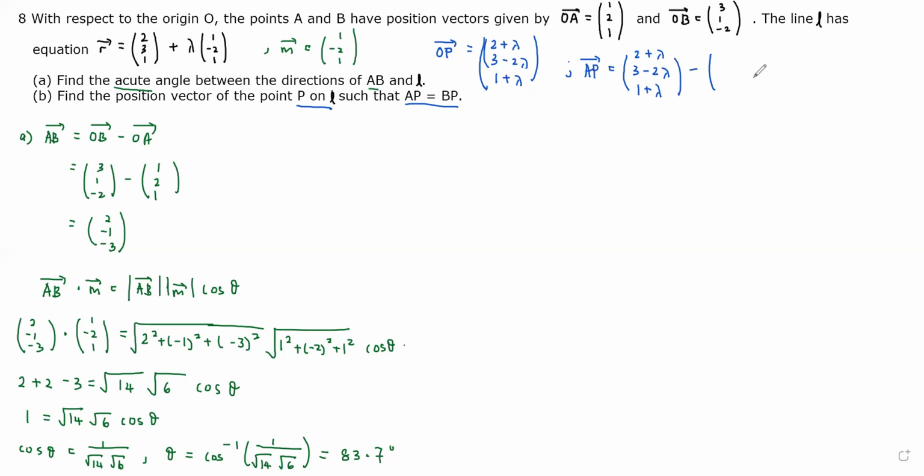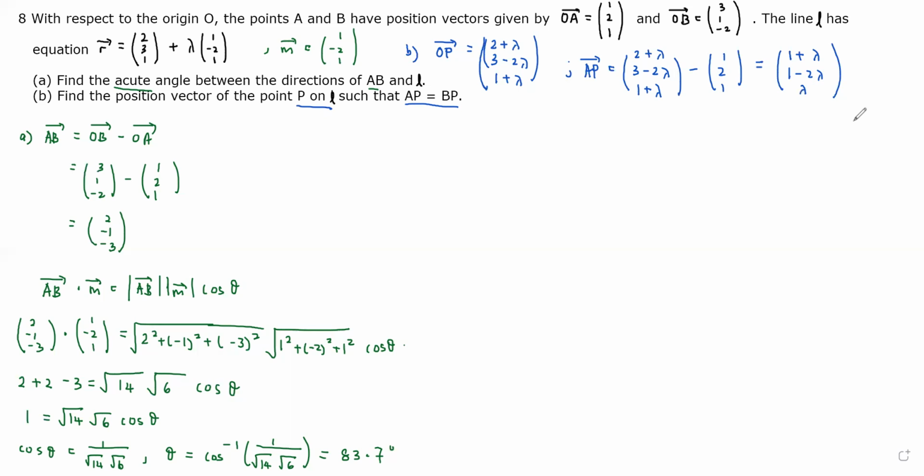So we subtract vector OA. Vector OA is 1, 2, and 1. And vector AP now is 1 plus lambda, 3 minus 2, then we have 1 minus 2 lambda. And 1 minus 1, that will give us lambda.